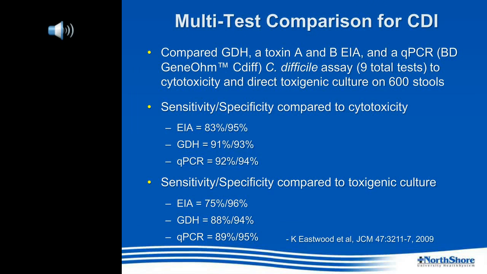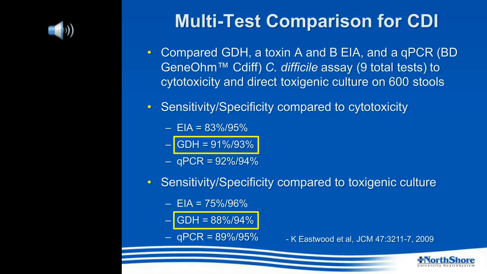This is a large study that Eastwood published in 2009, again looking at the sensitivity of various assays for detection of potential Clostridium difficile infection. What I want to highlight here is the glutamate dehydrogenase assay, or GDH, which is a component of the cell wall of Clostridium difficile.